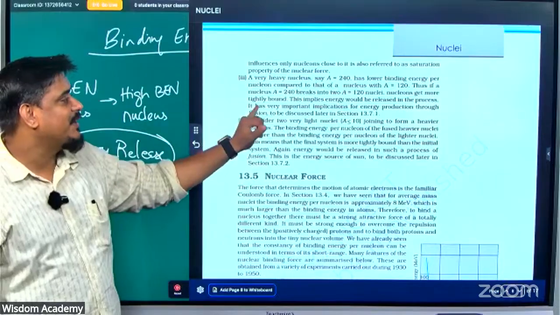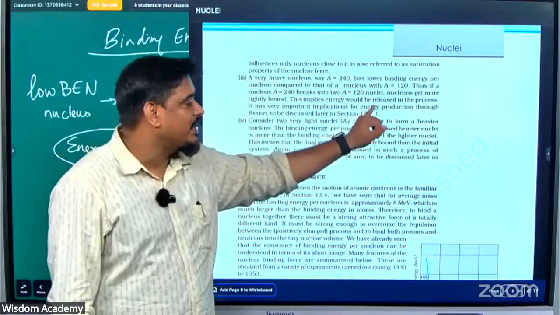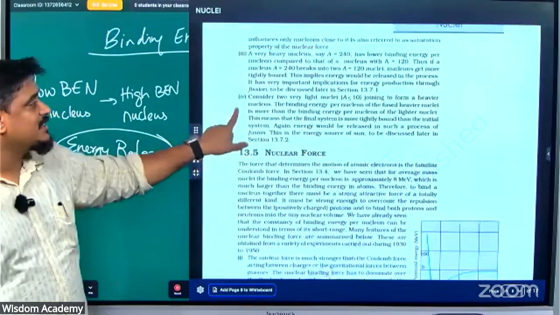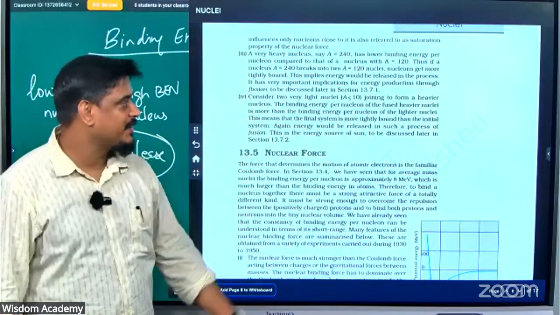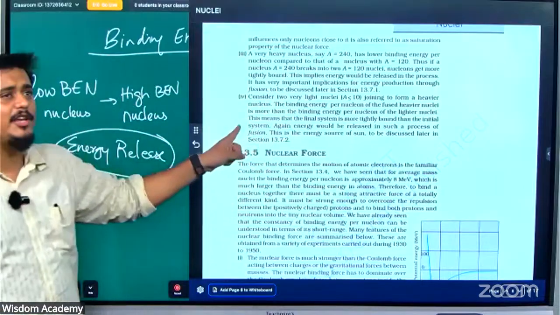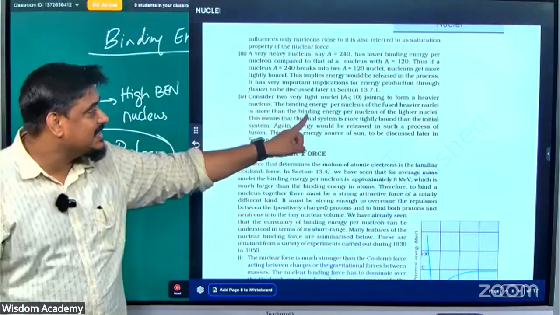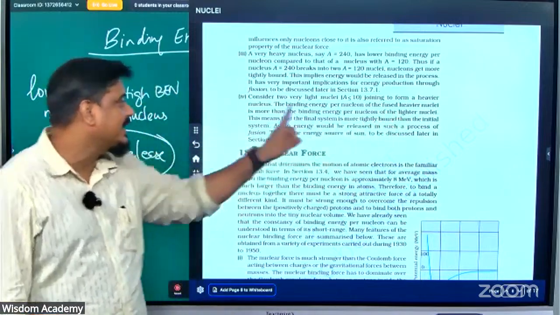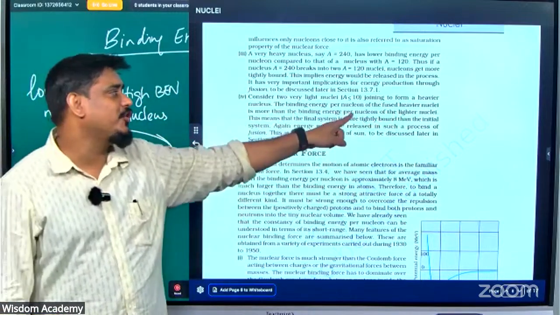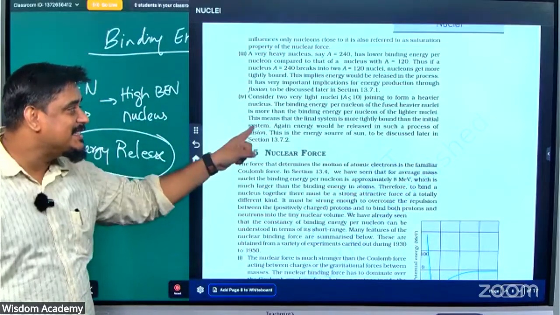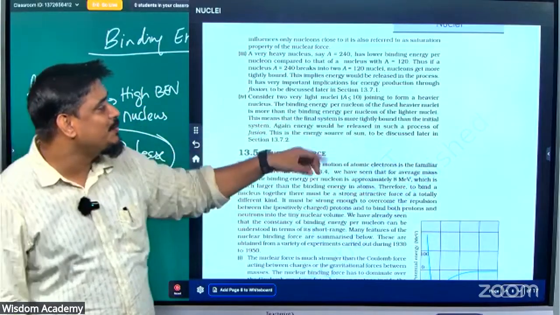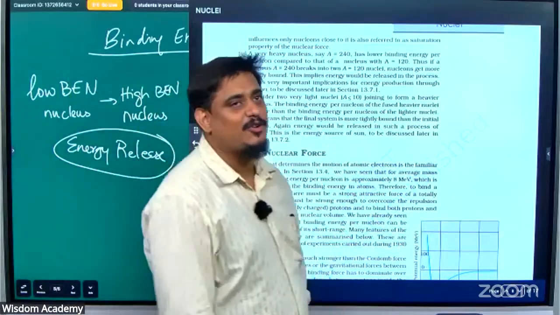It has very important implications for energy production through fission. Same way, consider two very light nuclei joining to form a heavier nucleus. Binding energy per nucleon of the fused heavier nucleus is more than that of the lighter nuclei. This means the final system is more tightly bound than the initial system. Again, energy would be released in such a process, and that is called fusion.